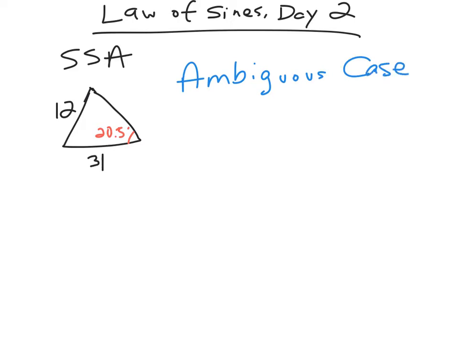The reason it's known as the ambiguous case is because there is a possibility of multiple triangles being a part of the solution. In other words, not just one single possibility for this side or for these angles. What we actually get are three possibilities.